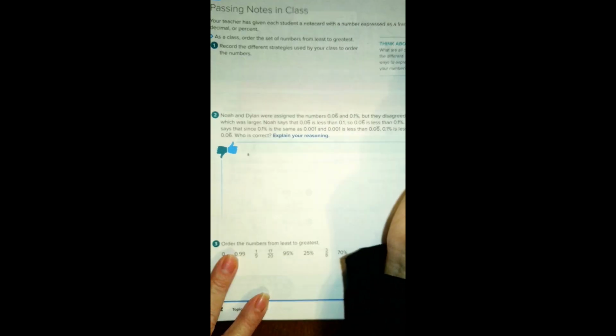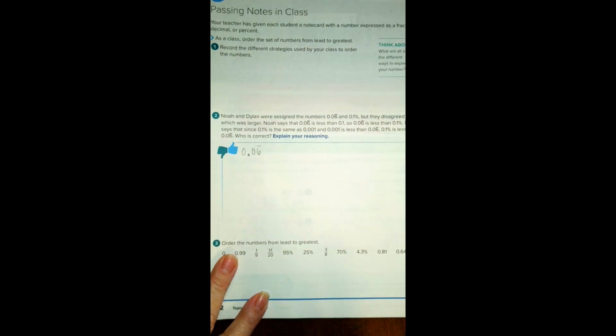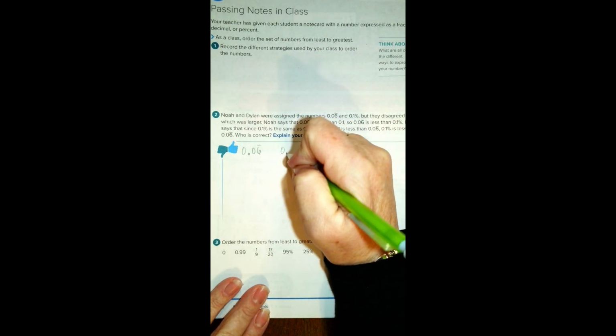Who is correct? So we really need to figure out which value is worth what amount. Let's zoom this out and see if you can see this. Okay, so we have 0.06 repeating. That's not in a percent form, it's just a number. Then we have 0.1%. So remember our rules that we've been talking about.